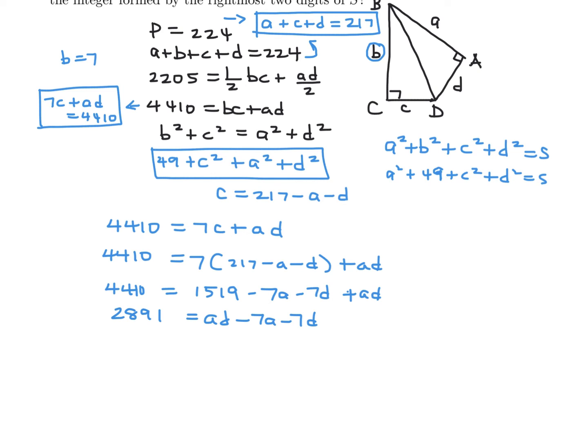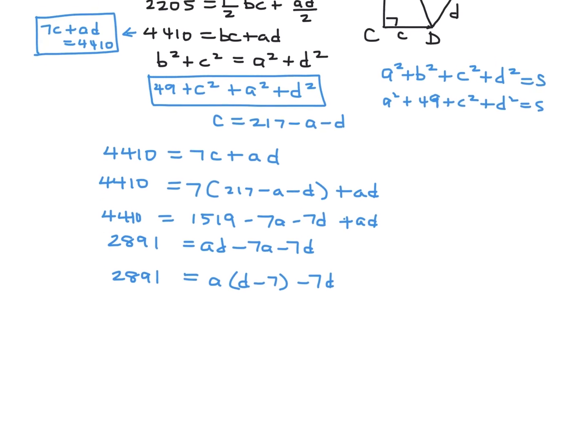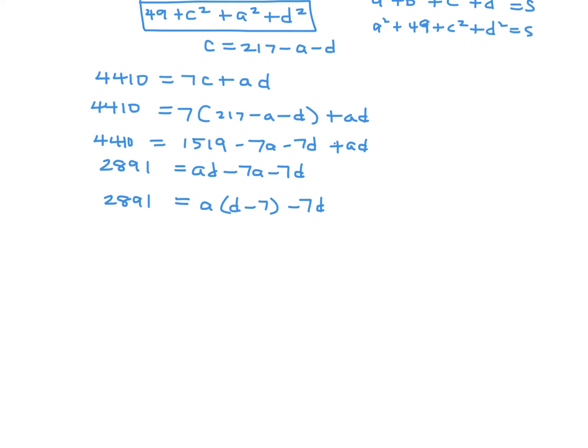And then I guess I can factor. I can factor an a, and I get d minus 7 minus 7d, 2891. And if I were to do a little bit of fancy algebra here, add 49 and then subtract 49 like that, I'd be able to factor these two.